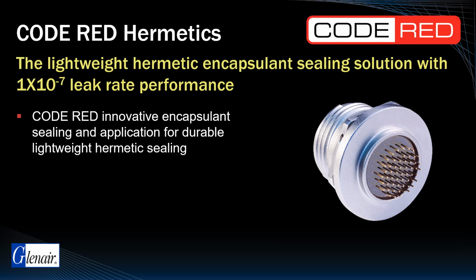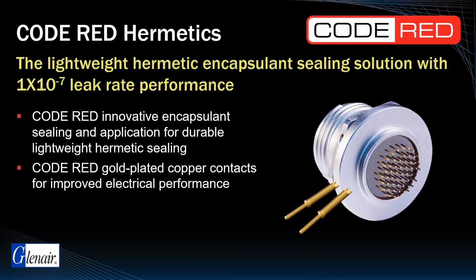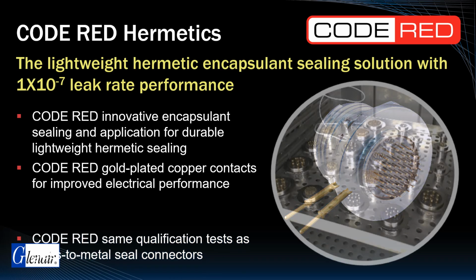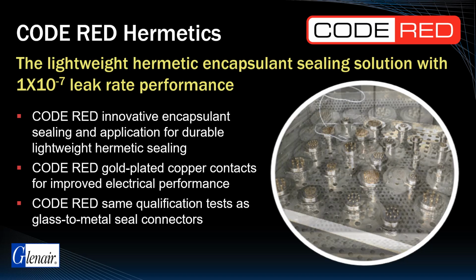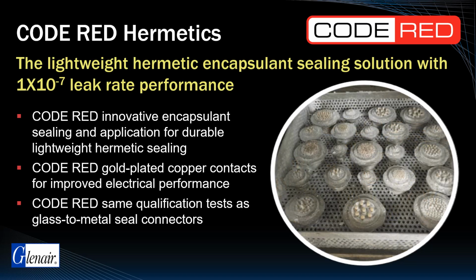Further, Code Red hermetic connector configurations incorporate gold-plated beryllium copper contacts, as opposed to the iron alloy contacts used in glass-to-metal seal designs, significantly improving electrical performance. The material and processing have been subjected to the same qualification tests and benchmark standards as our conventional glass-to-metal seal connectors, including 100 cycles of thermal shock and highly accelerated life testing, or HALT.